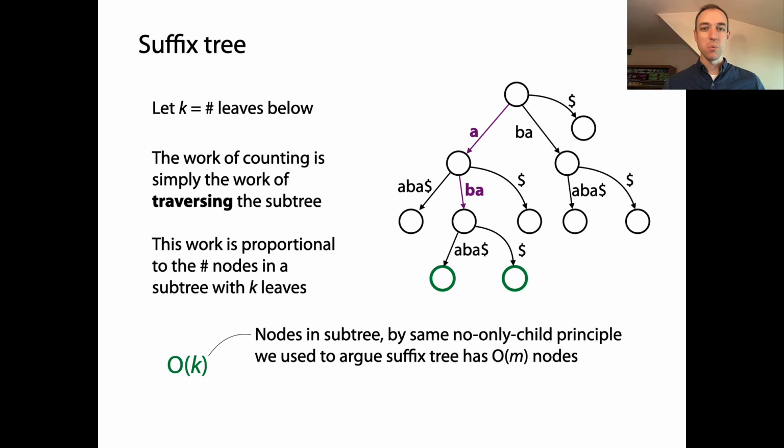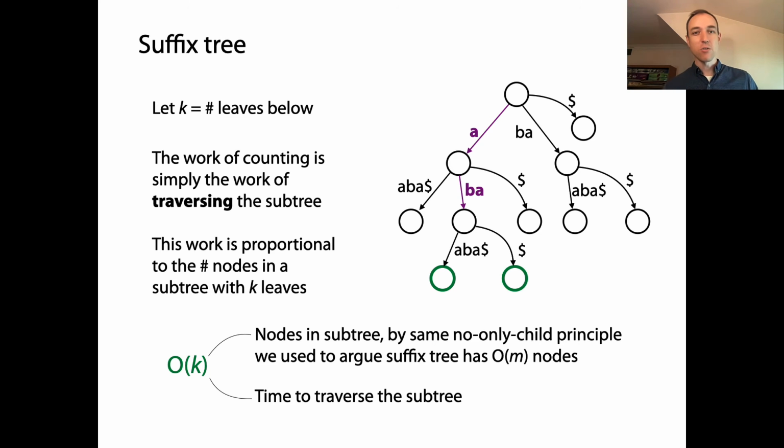So the number of non-leaves in the subtree is at most k minus 1, and therefore the overall number of nodes in the subtree is big O of k. If you're using a traversal, like a depth-first traversal, the effort to traverse a subtree with big O of k nodes is big O of k time. It's just constant work per node.